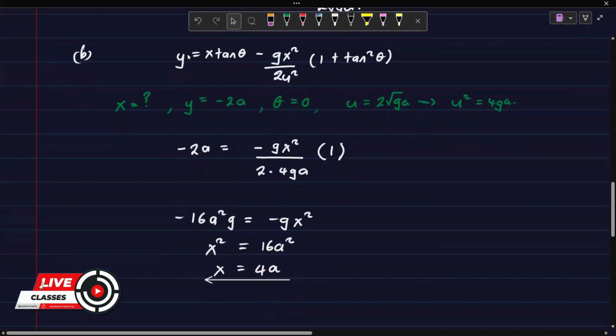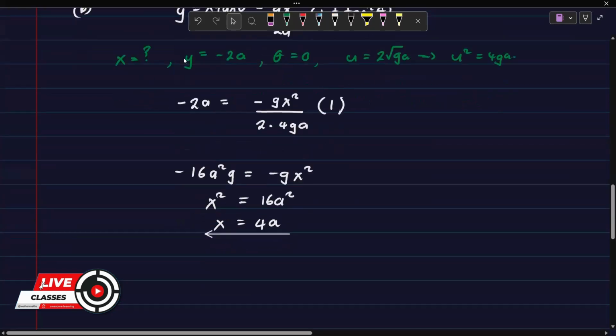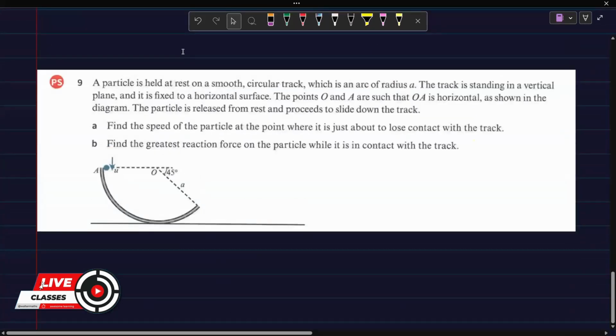All right, so we want to move on to another example. So we have a question here, and it says, a particle is held at rest on a smooth circular track, which is an arc of radius a. The track is standing in a vertical plane, and it is fixed to a horizontal surface.